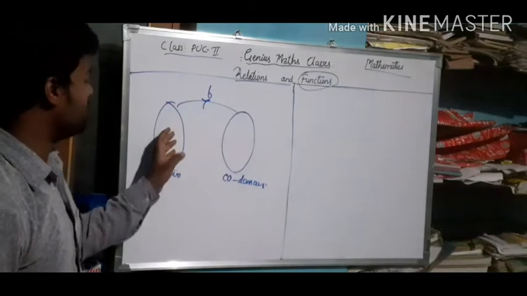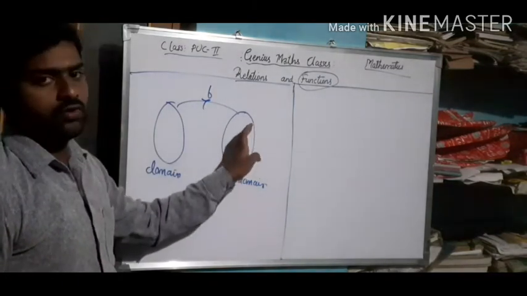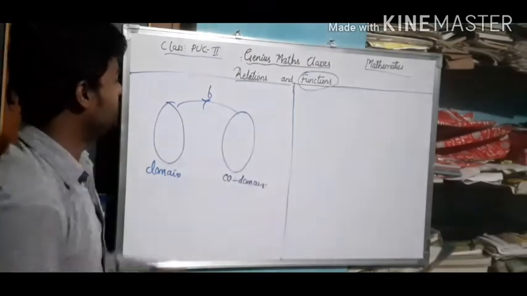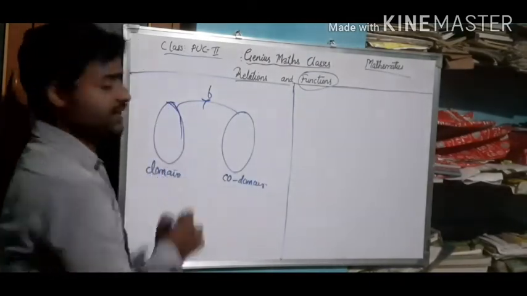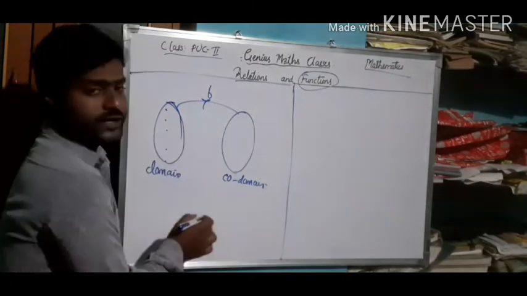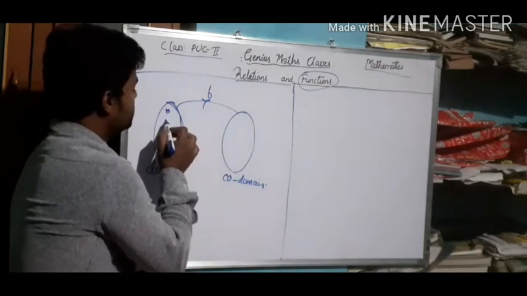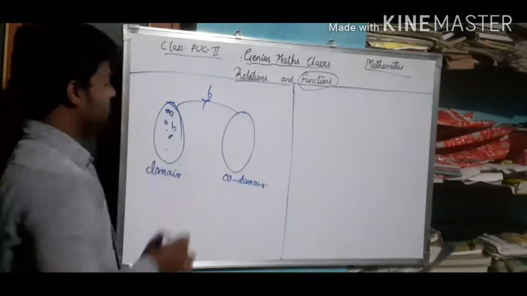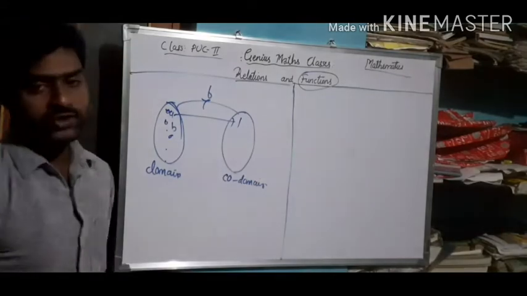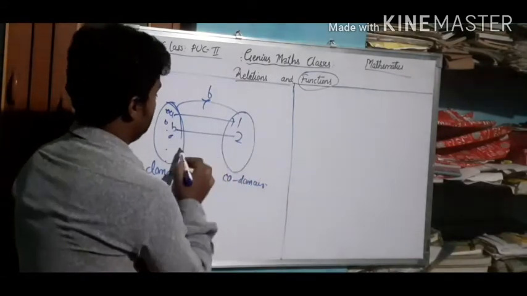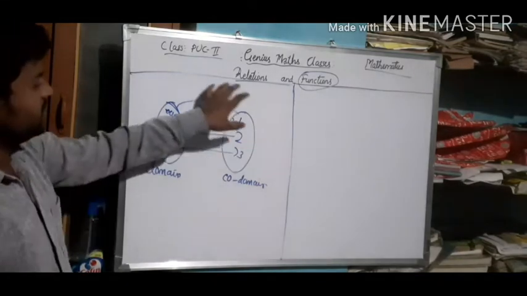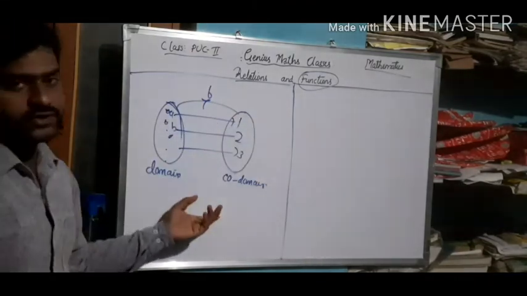It is a mapping from this set to this set with one condition: each element in the domain, A, B, C, must map to a unique image in the codomain. Under this condition, it is called a function.